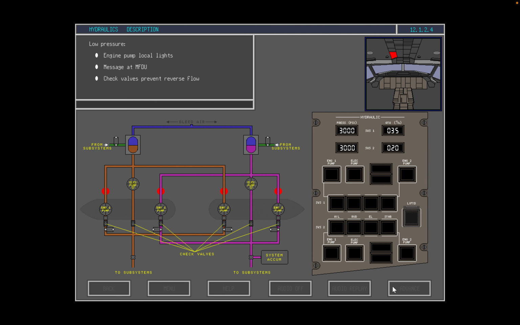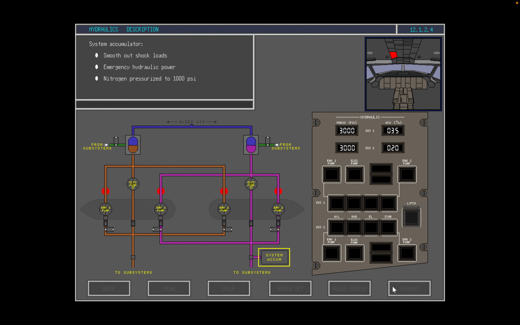And check valves located at pump outputs prevent reverse flow of hydraulic fluid. Only System 2 has a small capacity accumulator upline of the system consumers, the hydraulic accumulator, to smooth out shock loads within the hydraulic system and provide an emergency source of hydraulic power.